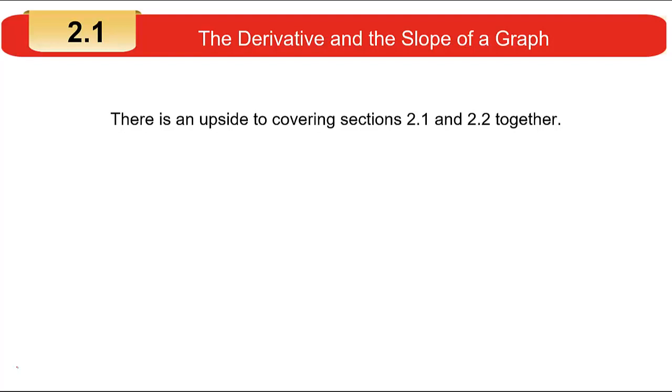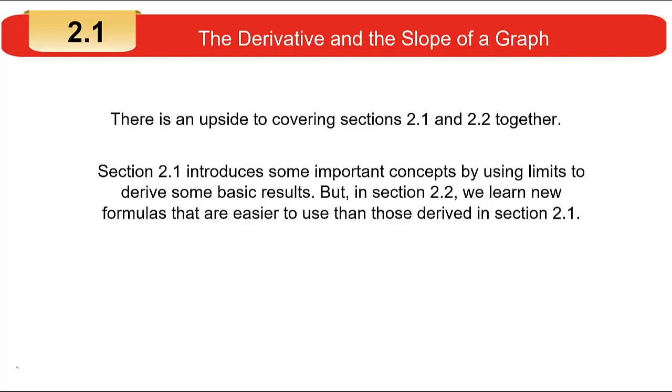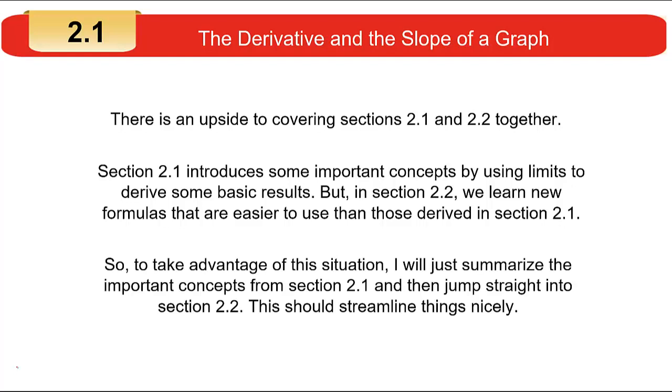There's a really big upside to covering these two sections together. The first section introduces some important concepts using limits that derive some basic results that we'll need. But in the next section, we learn some new formulas that are easier to use than the basic definitions derived in the previous section.